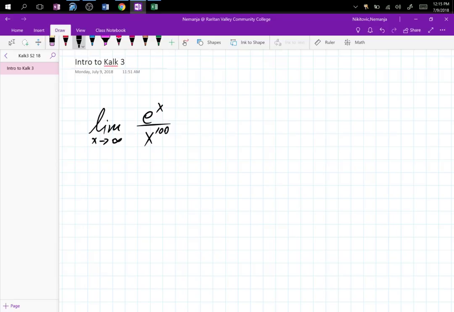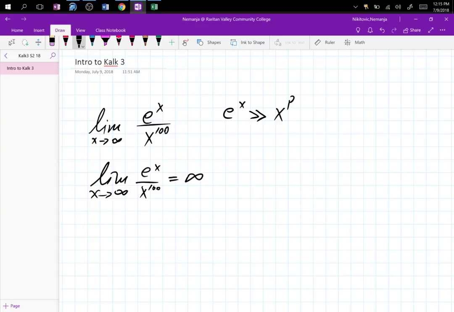Or you can just say, well, wait, growth rate of functions: e to the x grows faster than x to any power p. Therefore, the limit as x goes to infinity of e to the x over x to the 100 is equal to infinity.